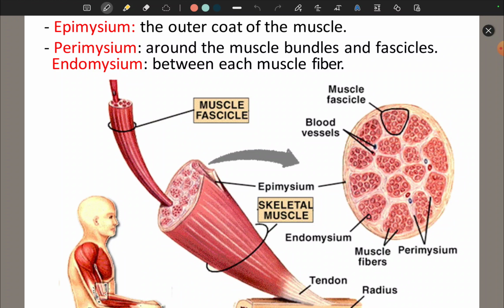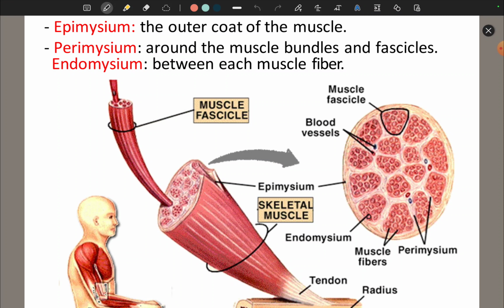Then, as I said, the skeletal muscle fibers form groups or bundles called muscle fascicles, covered by a thinner layer of connective tissue called perimysium. Then what's found within each fascicle? Muscle fibers. These are covered by a very thin layer called endomysium.